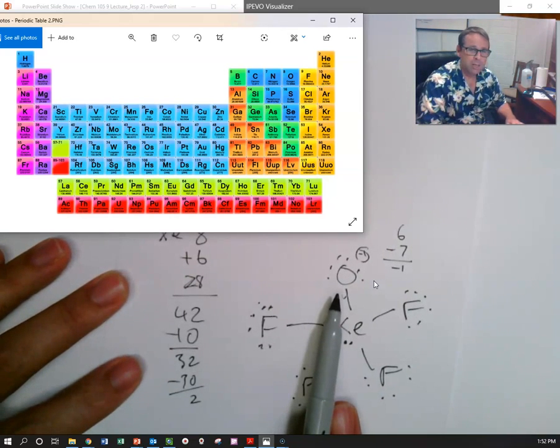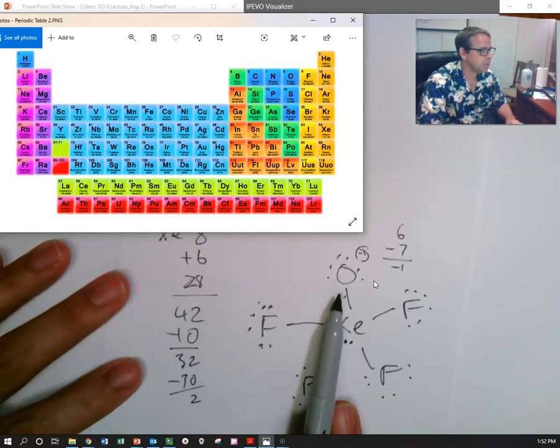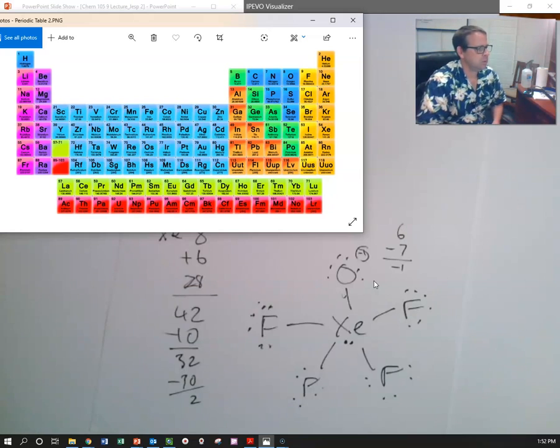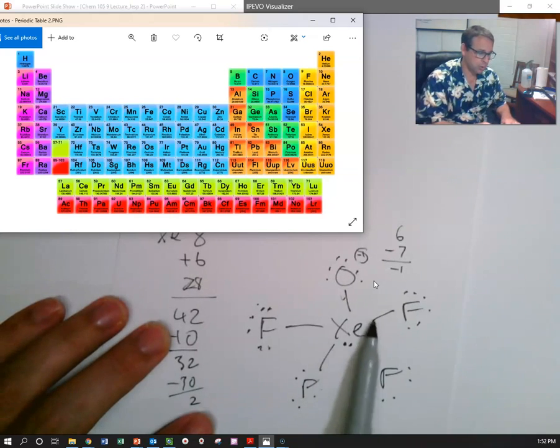That means what about that oxygen? Is it Stratton's turn? What does that -1 tell us, Stratton? Would it be that it's short 1 electron? No, it means it's a negative charge. It means there's too much electron density. Okay, Stratton, what's the formal charge on the xenon?